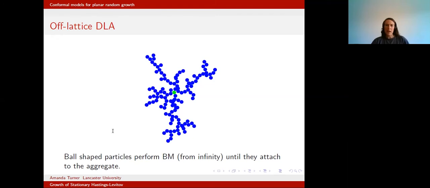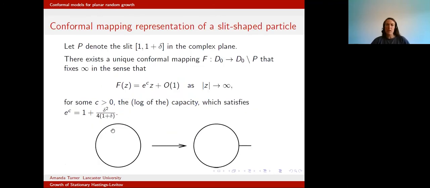And so here's the construction. So we start off, as I said, our relaxation is it's just technically easier to let our particle be a little slit rather than a ball. That avoids this problem of not being able to fit it into little spaces. And another advantage of having our particle as a little slit is that we can explicitly write down the conformal mapping from the exterior unit disk to the exterior unit disk without the slit.